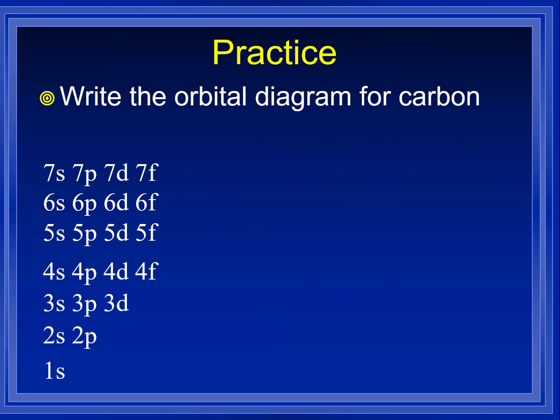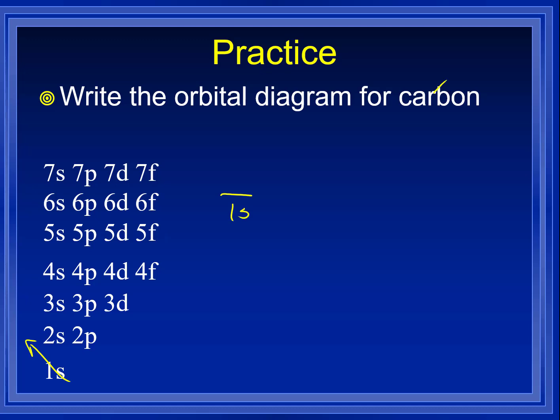So, let's do the orbital diagram for carbon. Well, starting from the bottom, first I have a 1s. It gets one line.